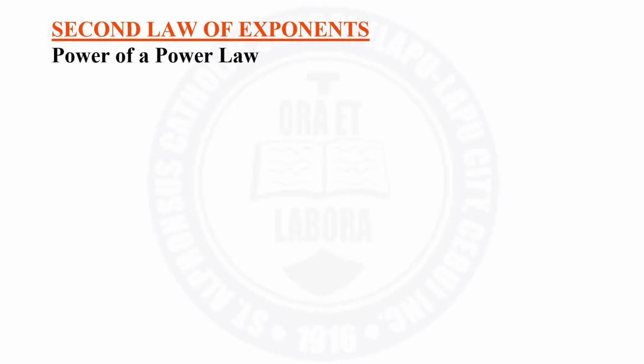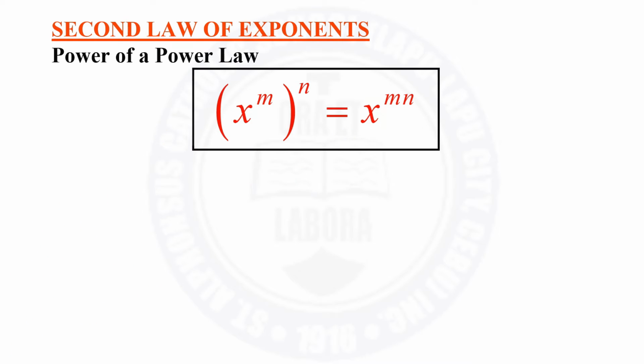The second law of exponents, which is the power of a power law, states that x raised to m, raised to another n, is equal to x raised to the product of m and n.